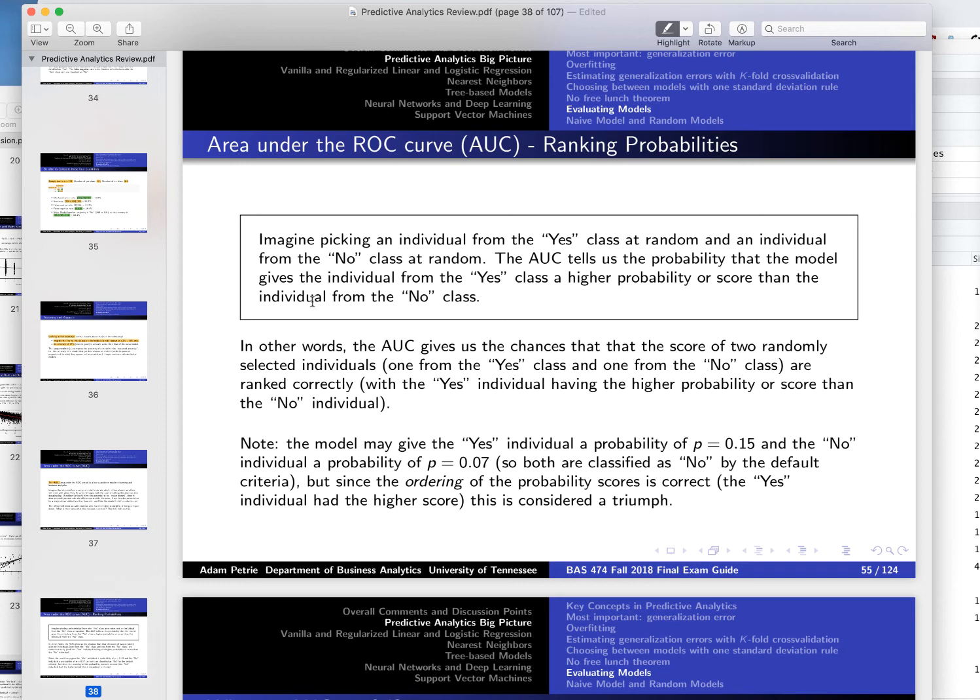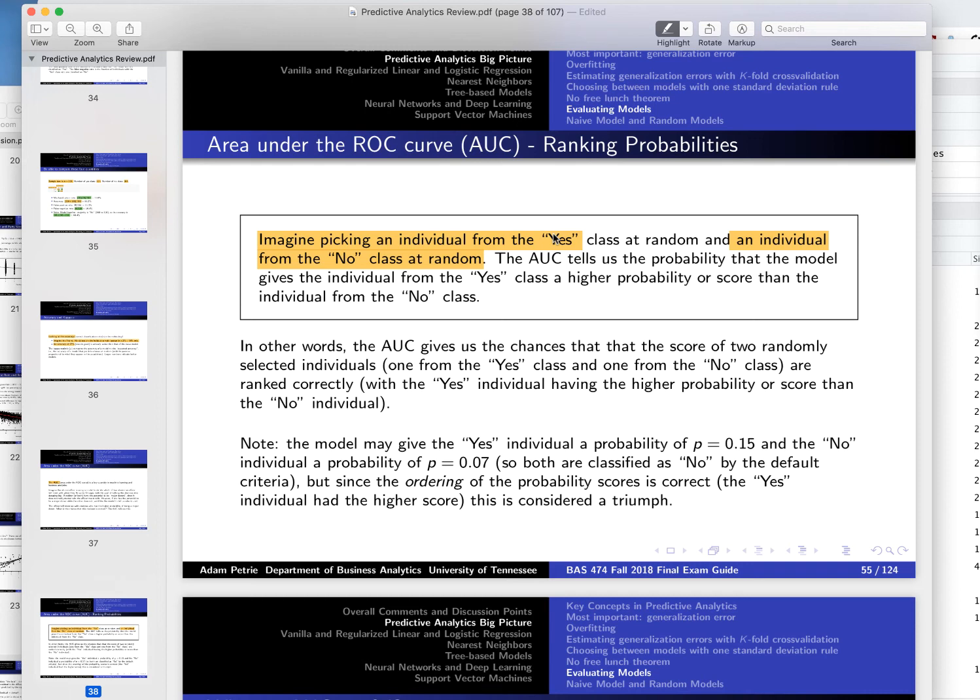We imagine picking an individual at random from the data that belongs to the yes class, and then we also pick an individual at random from the data that belongs to the no class. So the AUC is tied into the predictions that the model makes for each of these two individuals, one from the yes class and one from the no class.